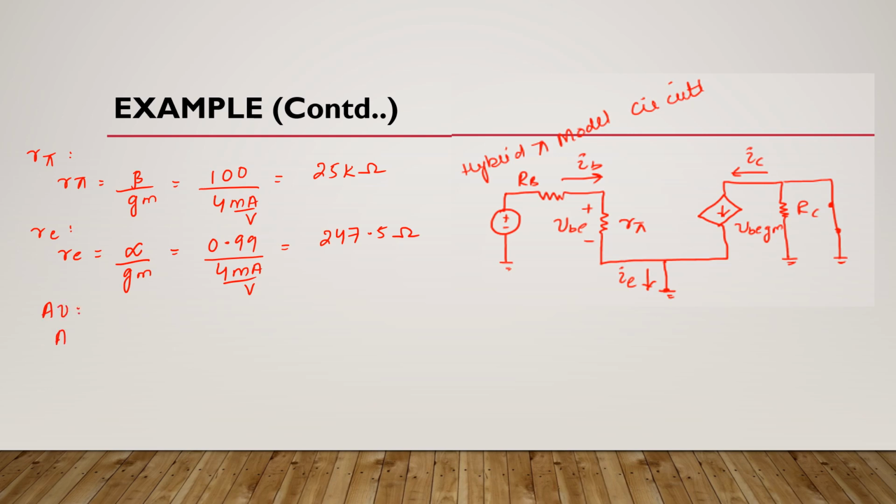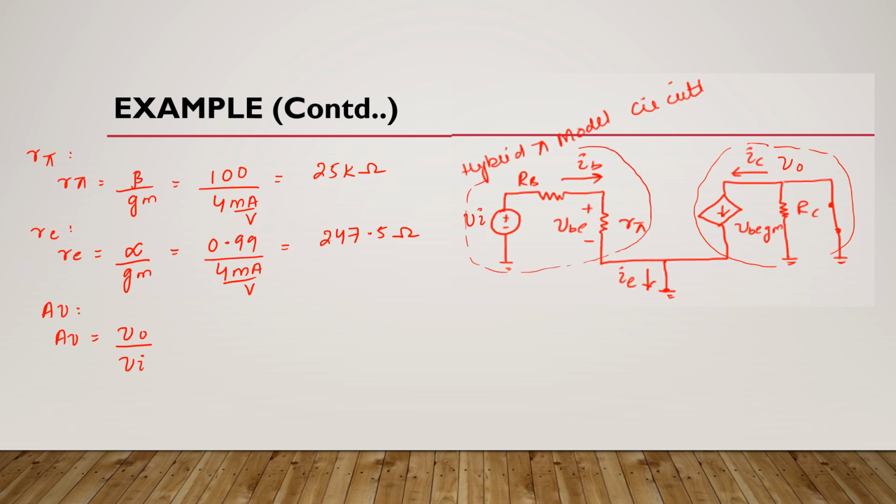Okay. Now we will find voltage gain. We know that voltage gain is equal to output voltage divided by input voltage. Here the output voltage is present in this region and we have the input voltage here in this region.